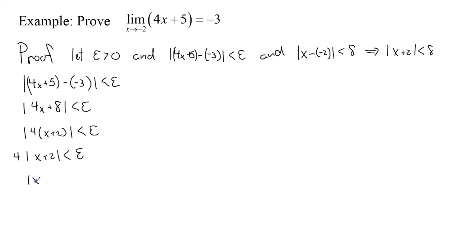I've got the absolute value of x plus 2 less than epsilon over 4. And so now I have my relationship between delta and epsilon. So I can say for any epsilon greater than 0, let delta be equal to epsilon over 4. And then that limit will be true.